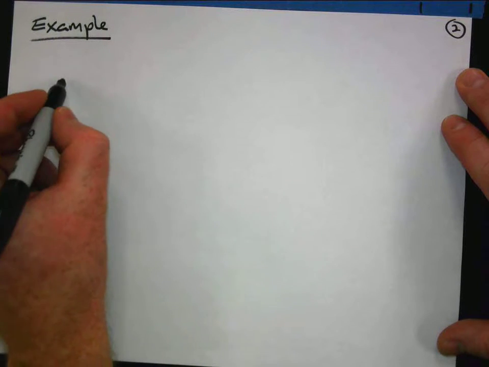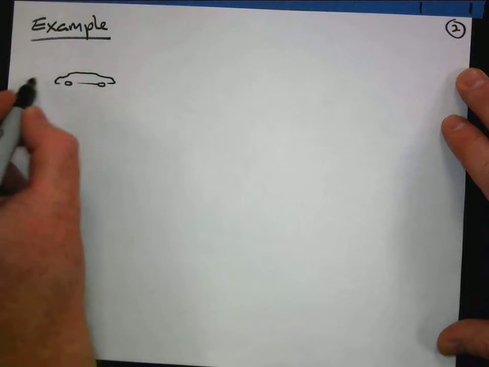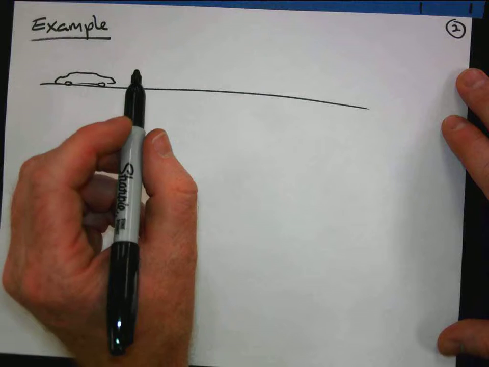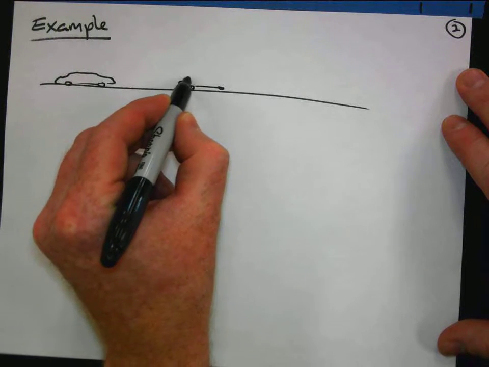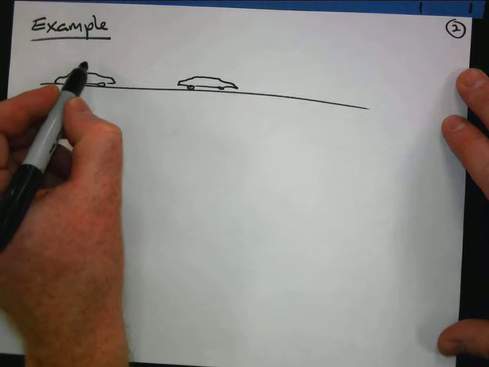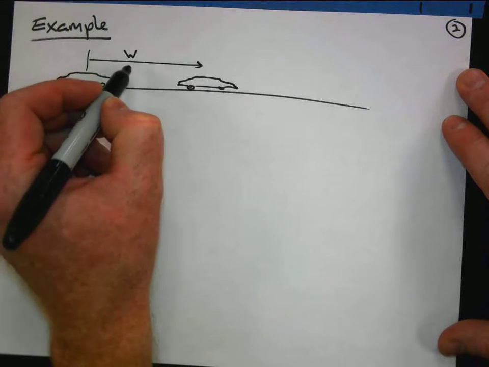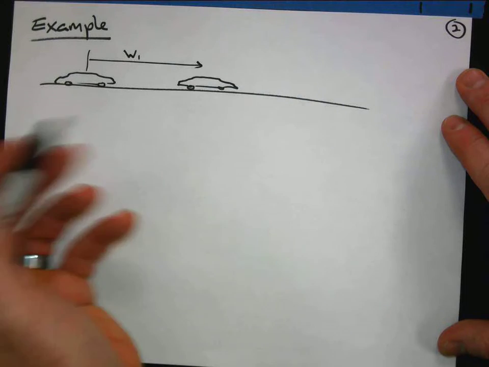My artistic skills are absolutely horrendous, so bear with me. Car. All right. And we're going to do work on the car. And now the car is here, but in doing work on it, let's call it work 1, we've changed its velocity.